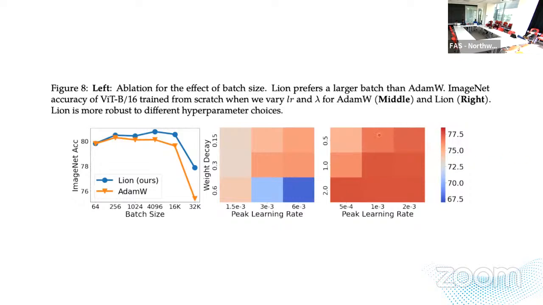There are a couple of things we need to discuss about where this Lion optimizer needs care. If we consider small batch sizes, the improvement is not very evident. So what they say is this algorithm prefers larger batch sizes.